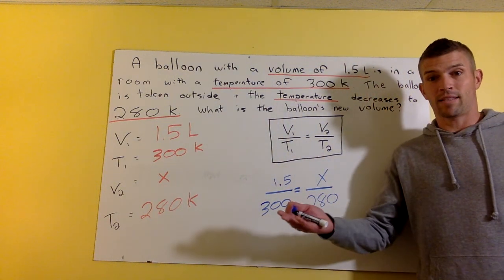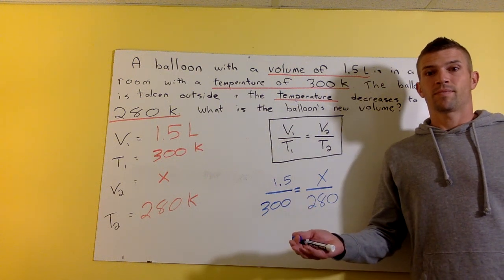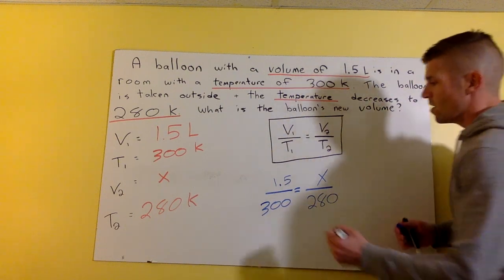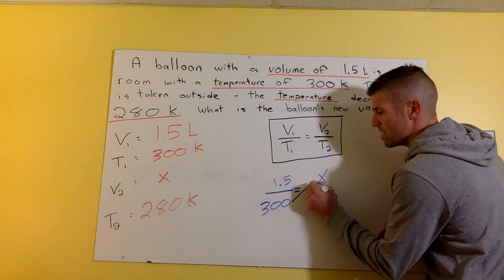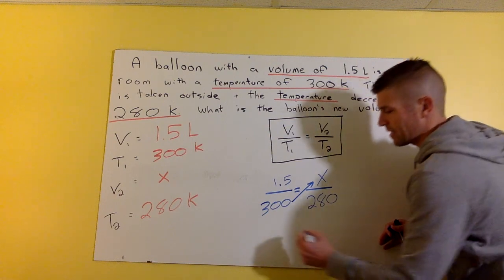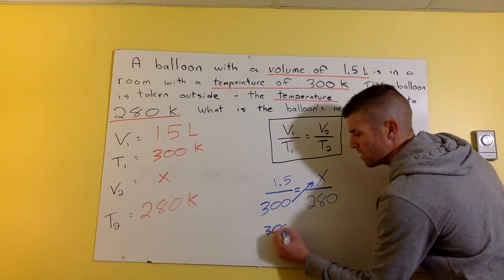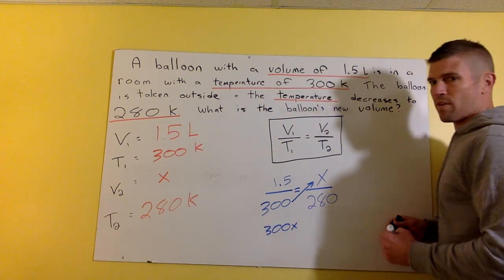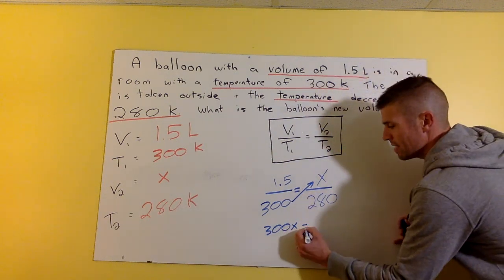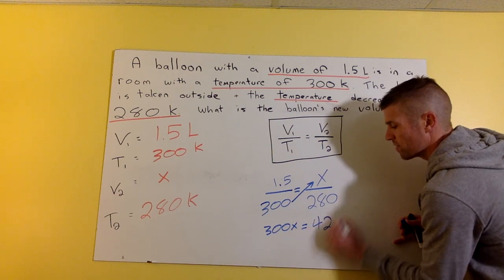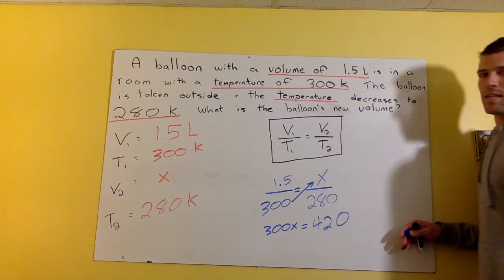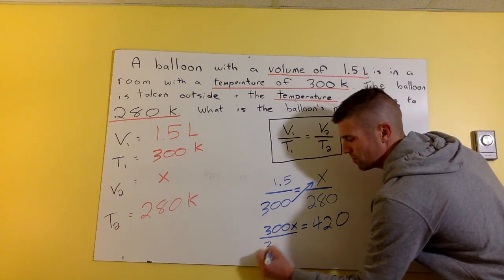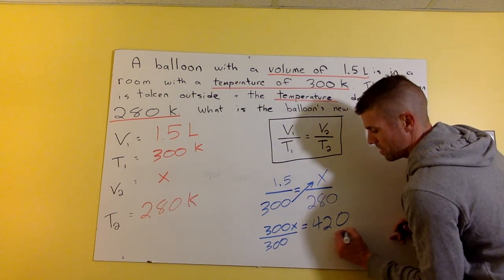Well, how do I solve it? I'm asking you. What do you think? If you're saying cross multiply in your head, you're 100% correct. So let's cross multiply. 300 times X gives me 300X. 1.5 times 280 gives me 420. Now, I have to get this X by itself, so I divide both sides by 300.